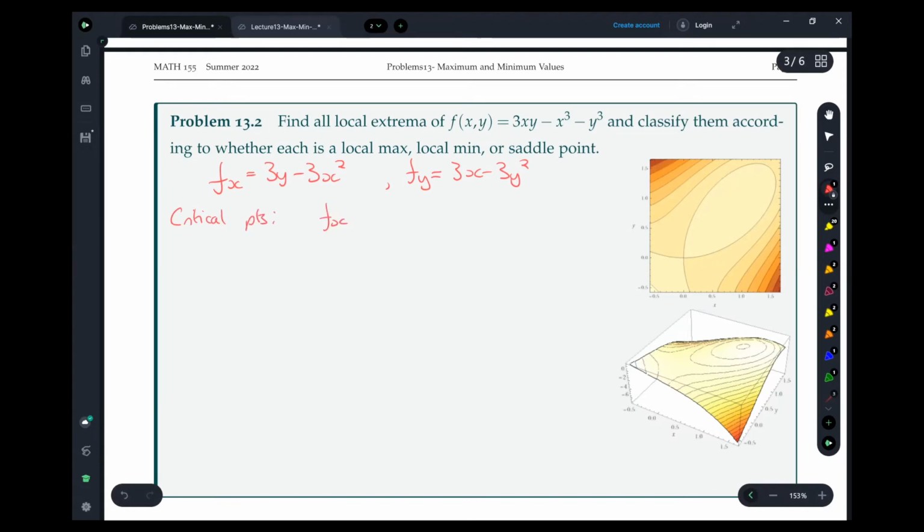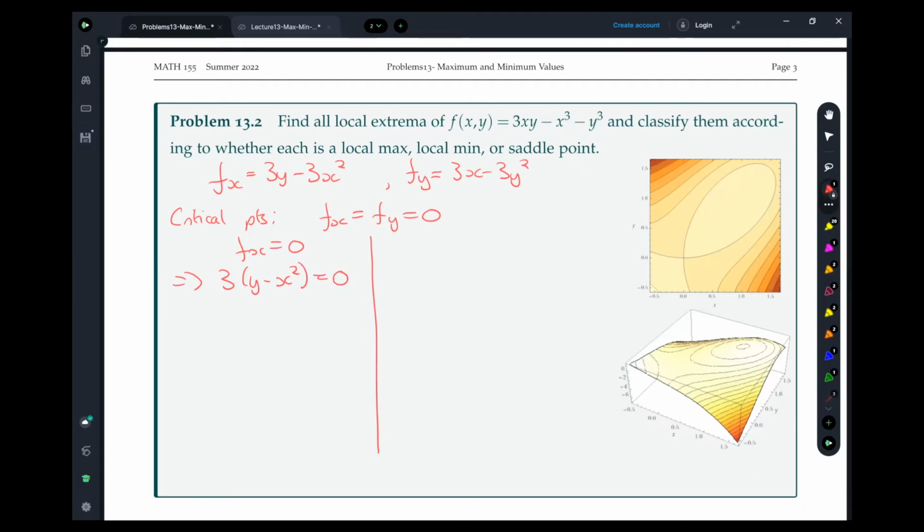So our critical points are just when f sub x and f sub y are both equal to 0. You solve these equations simultaneously. So think about f sub x being equal to 0. We take the 3 out the front: 3 times (y minus x squared) is equal to 0. So we can just divide by the 3, and we must end up with y being equal to x squared.